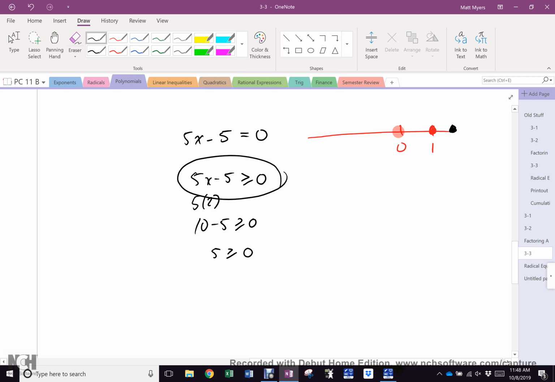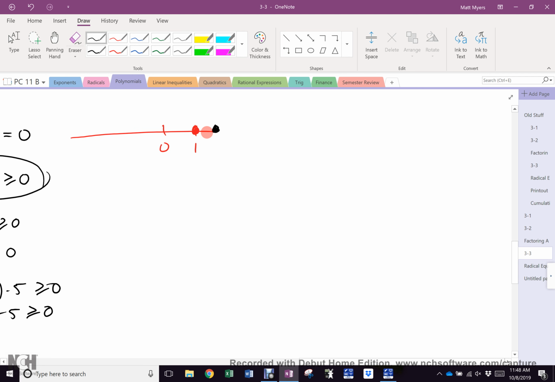But those answers do not include any of the numbers lower than 1. Because 5 times 0 minus 5 is negative 5. Is negative 5 greater than or equal to 0? No. So on a number line, all of these numbers up to infinity that are greater than or equal to 1 will work.